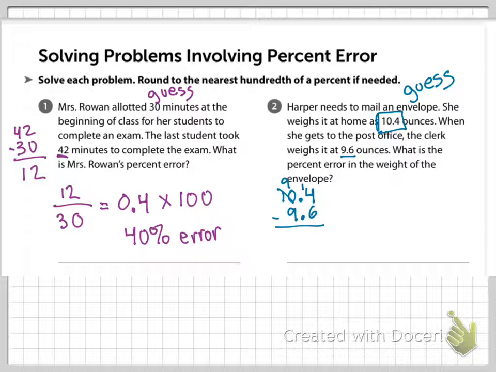10.4 minus 9.6 is going to give us 0.8. So we have a 0.8 ounce difference. And then we're going to divide by the guess, or the original amount that we thought it was going to be. So we're going to divide by 10.4.